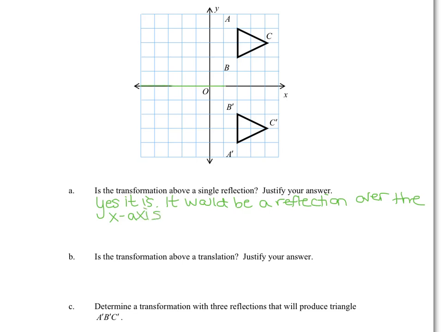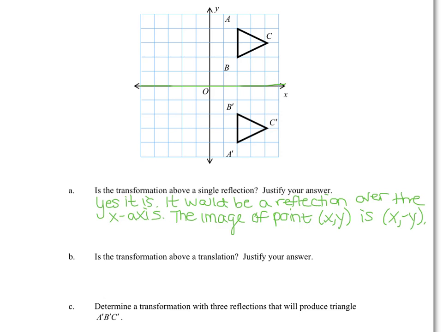You can see right here, there's the x-axis, and each point is a reflection. Here's 2 units, 3 units, 4 units. So the image of point (x, y) is (x, negative y).